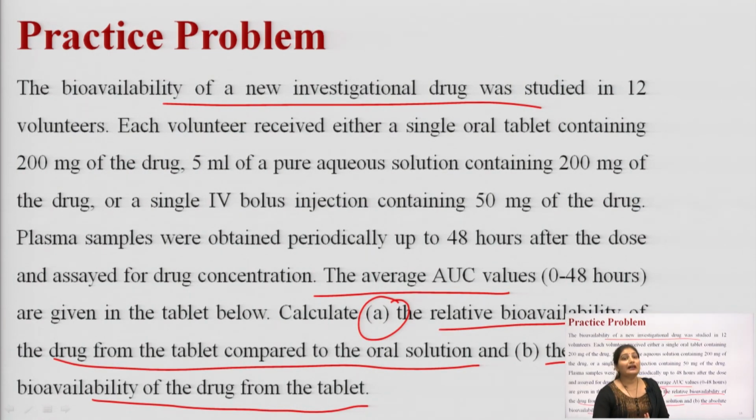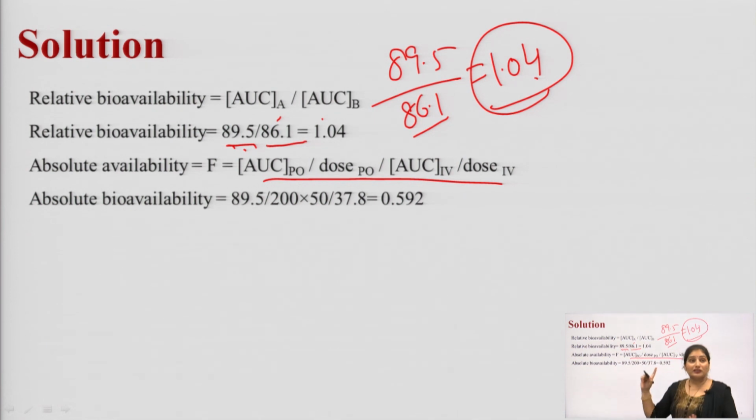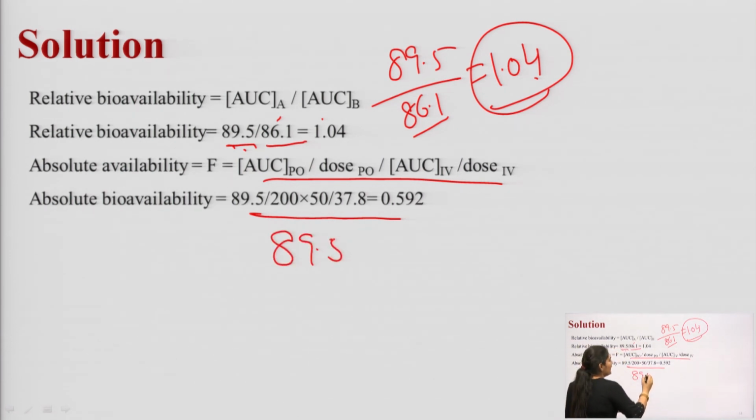Next, we have to calculate the absolute bioavailability. The next parameter is the absolute bioavailability of the drug from the tablet. To calculate the absolute bioavailability, we are using this formula because we have two different doses. In case of oral, the AUC is 89.5 and dose is 200 mg.